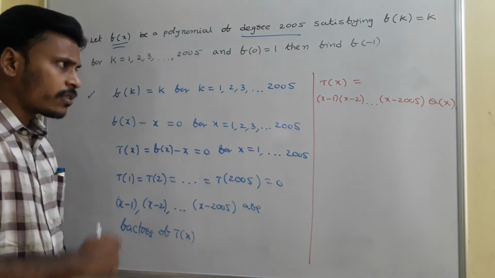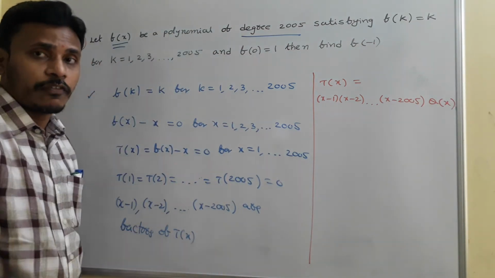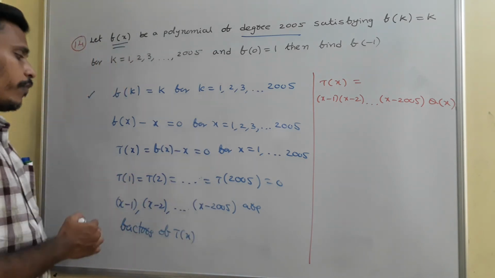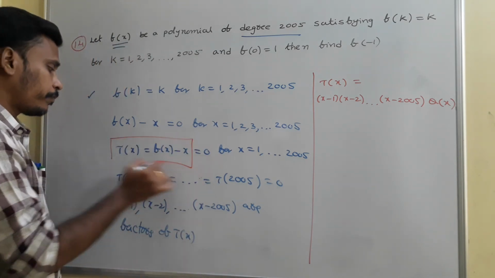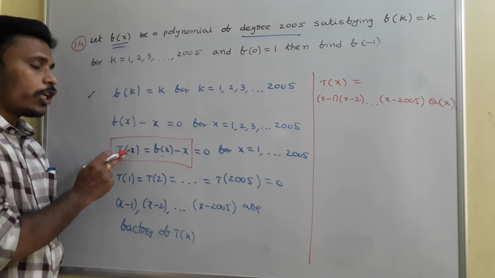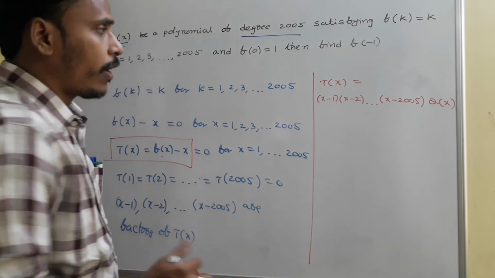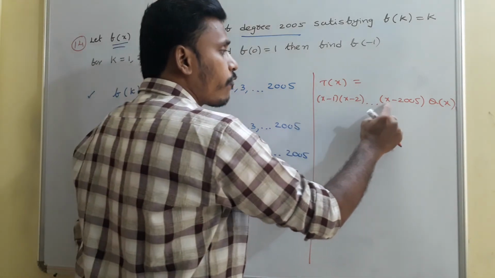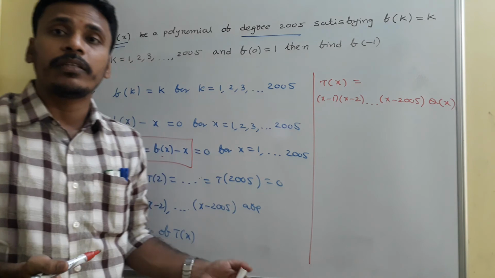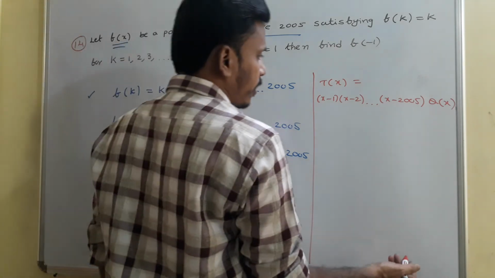These are the factors and we don't know whether any other factor will be there. But what is the degree of t of x? Just look at this statement. f of x is of degree 2005, so t of x is also of degree 2005. Here 2005 linear factors are involved, so no further factor will be there for q of x, maybe some constant.